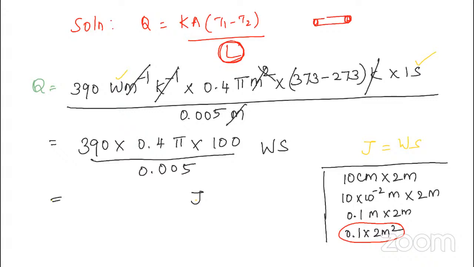Solve quickly. 390 into 0.4 into 100 divided by 0.005. Directly I will write the answer, you have to check it. 98 into 10 power 5, 98 into 10 power 5 joules.